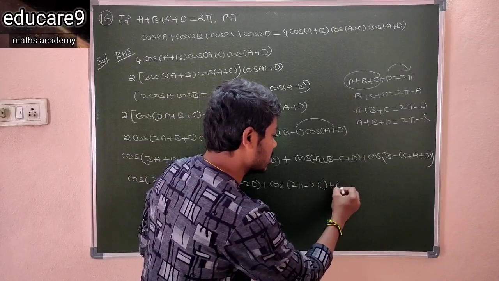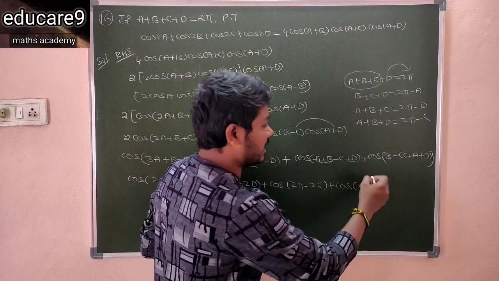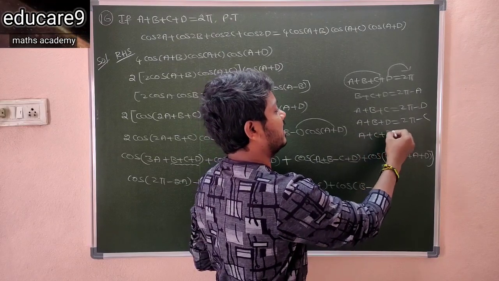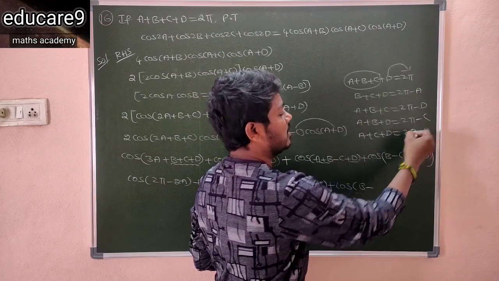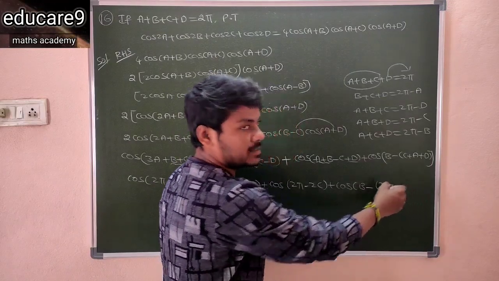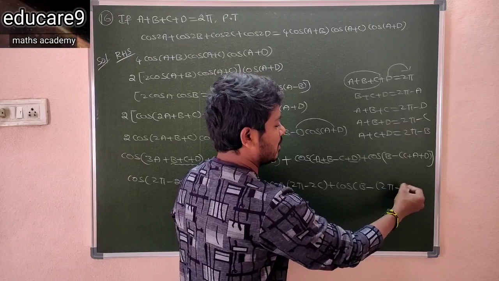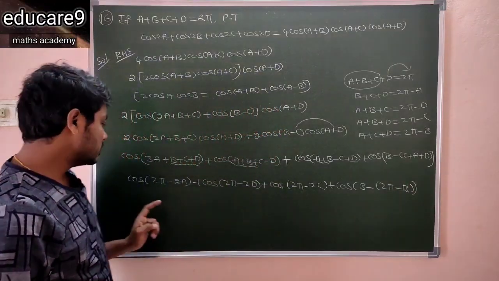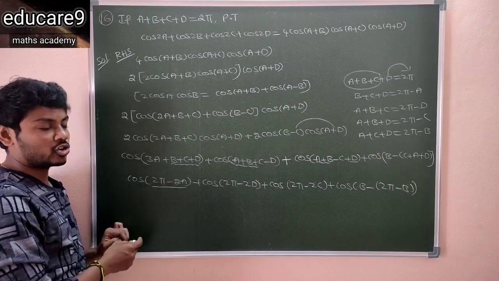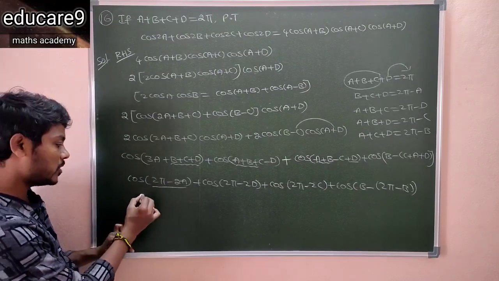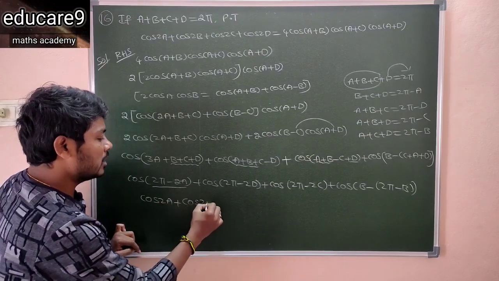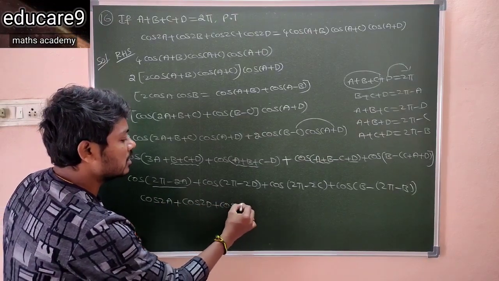So next, cos of B minus A plus C plus D. So A plus C plus D we write as 2 pi minus B. So minus of 2 pi minus B. Okay. Now this can be written as 360 minus theta, which lies in the fourth quadrant. In the fourth quadrant cos is positive. This is cos 2A, this is cos 2D, and next one cos 2C.